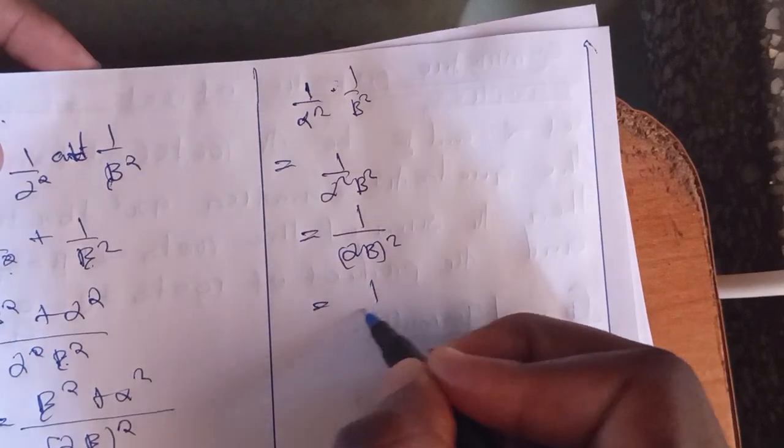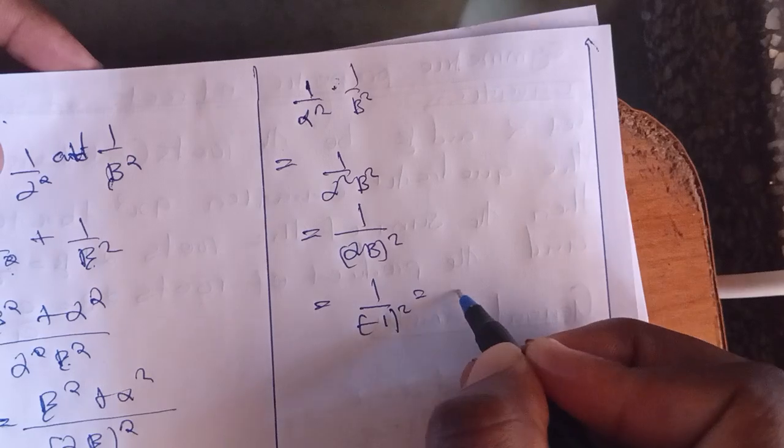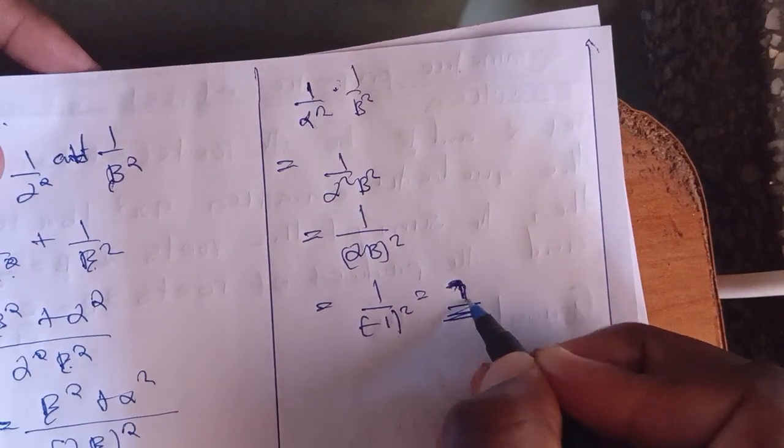Then that's the same as 1 over negative 1 squared, which is 1. So our product is 1.